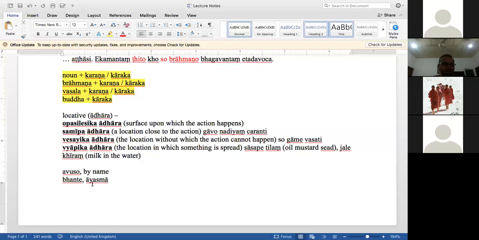But ironically, the word Ayasma is being used a little differently in our tradition. Nowadays the word Auso is always used for junior monks, and we call junior monks by name on certain occasions. Sometimes the word Ayasma is also used to address junior monks. I don't know how this change has occurred.